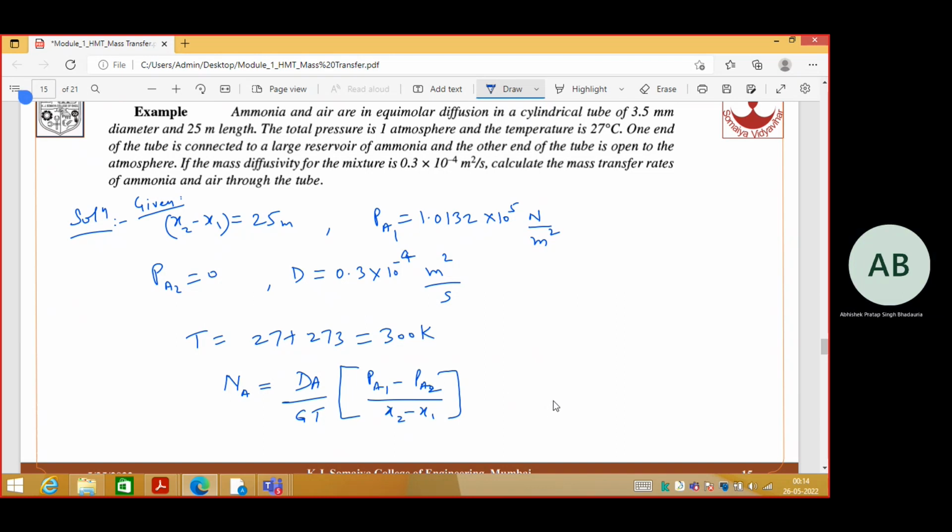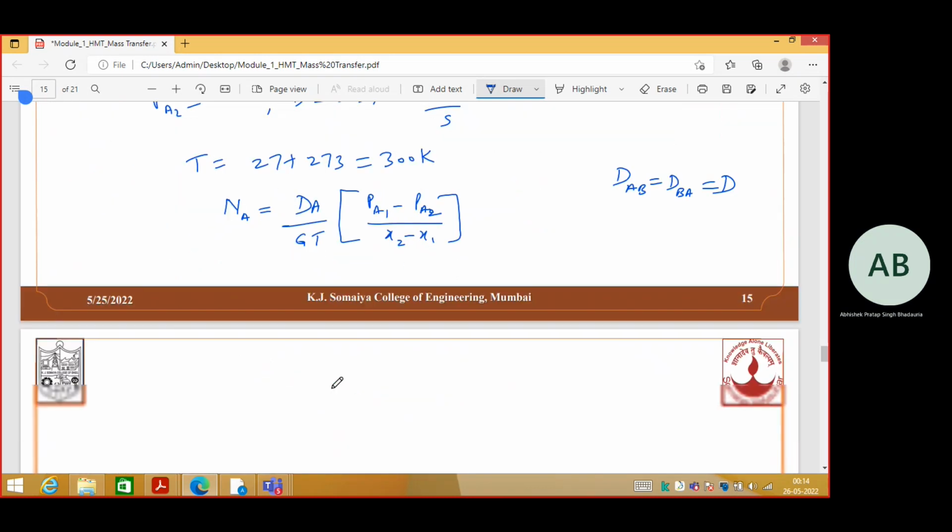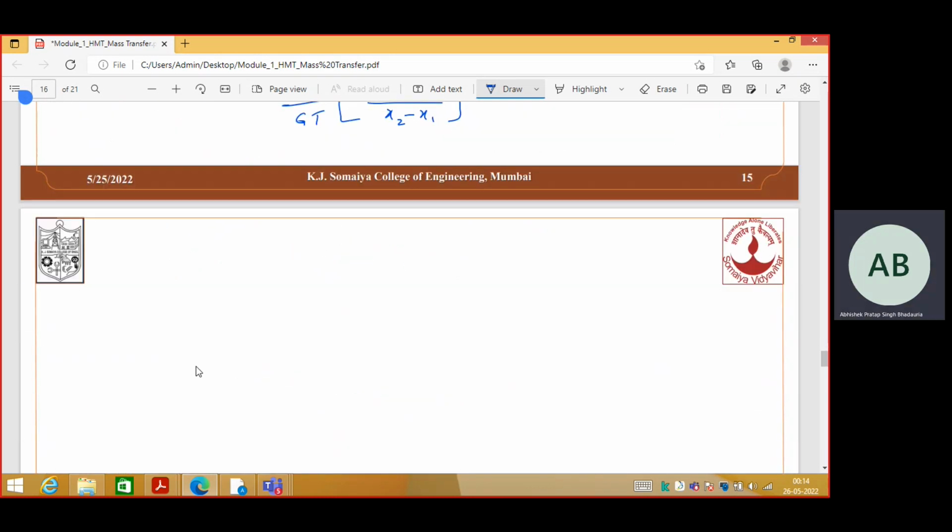Now here we know DAB is equal to DBA, so let's assume this as D. We'll put all these values. D, the value is given as 0.108. The area is pi by 4 D square.